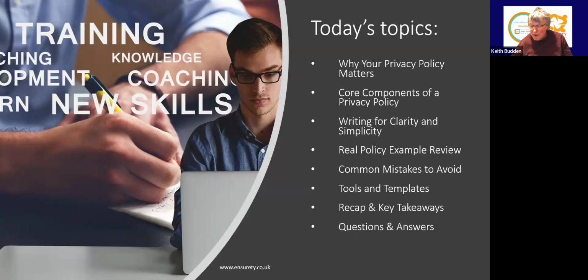And then one from a site that I just picked at random, to show you almost what not to do. But it's not that bad, but it's got lots of things that need improvement in it. So I will show you that. Then we'll talk about common mistakes to avoid, then a bit about tools and templates. Then we'll have a recap and some key takeaways. And as I say, at the end, we'll have time for some questions and answers.